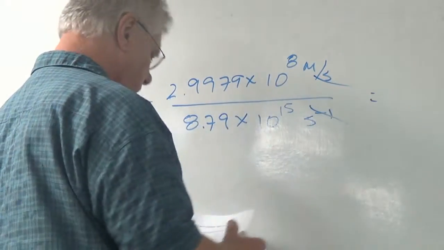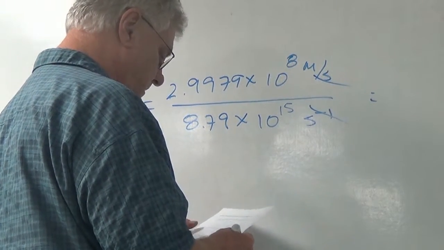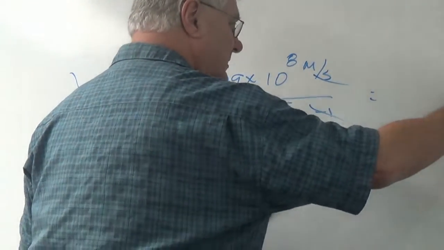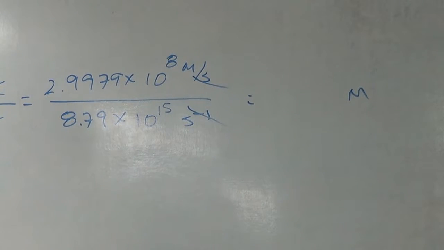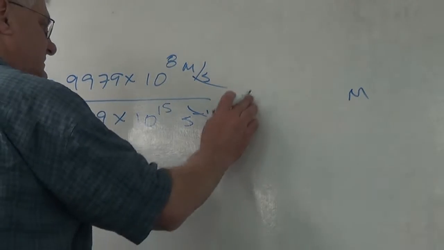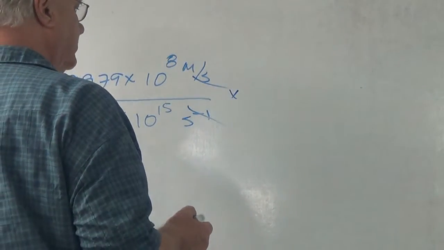And this wavelength will be in meters. But that's not what the problem asks for. It wants the wavelength in nanometers. So in fact, you can even put it in this calculation if you want. Just do it all in one step.